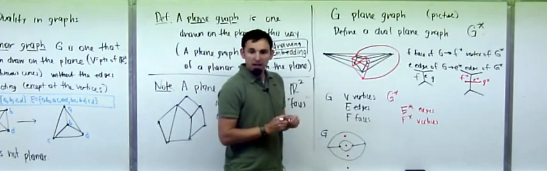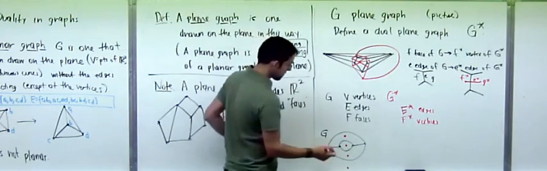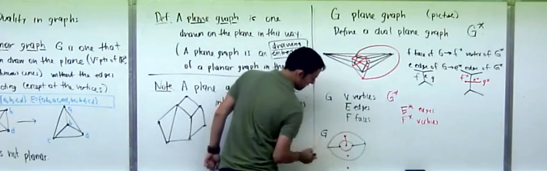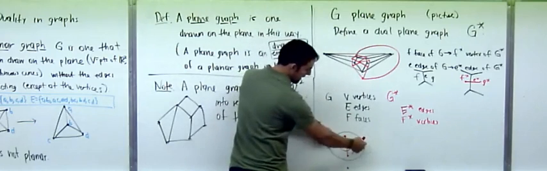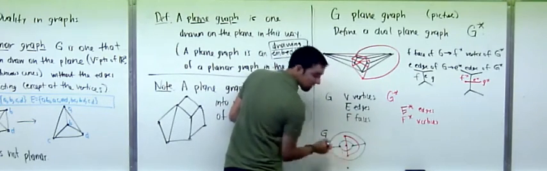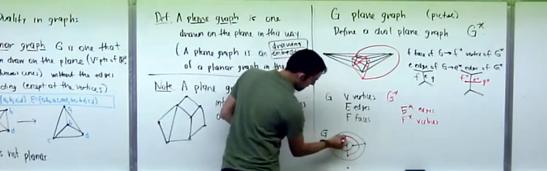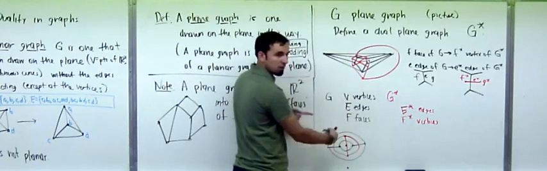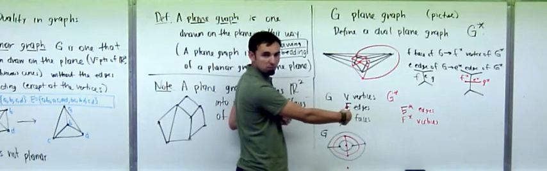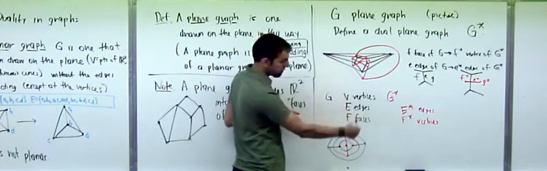And for each black edge, I have to assign a red edge. So for this black edge, I assign this one. For this black edge, I assign this one. But now, for this black edge, I go around like this. And for this black edge, I go around like this. So in other words, here I have two countries that have two different borders between them. And therefore, I need to join them twice.